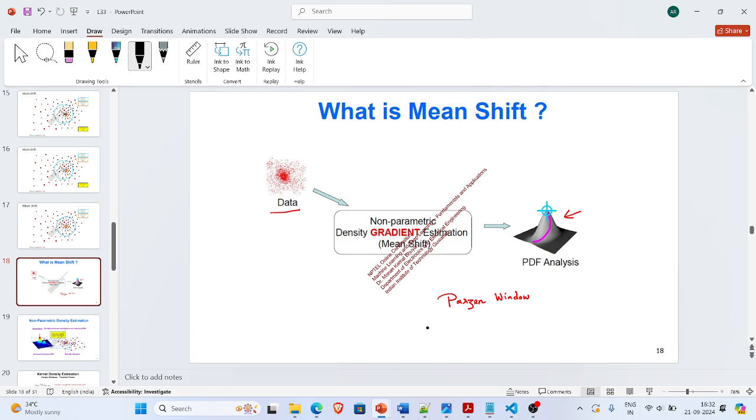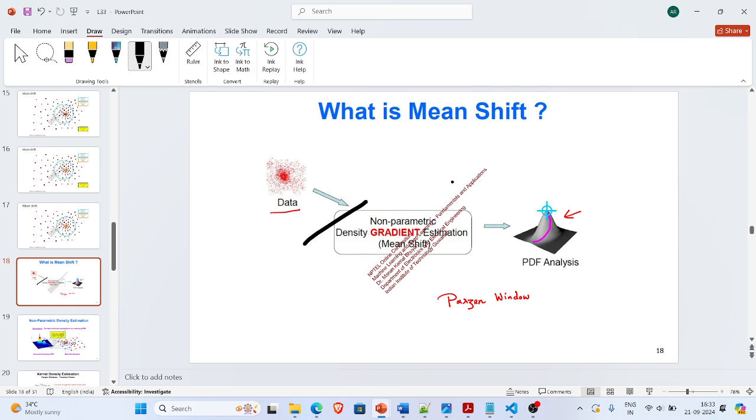That means that point has the highest density of points. So we need to non-parametrically estimate the density gradient, that is the derivative of the PDF.